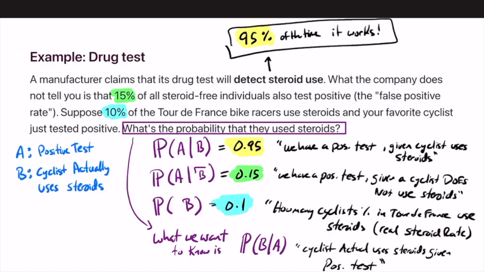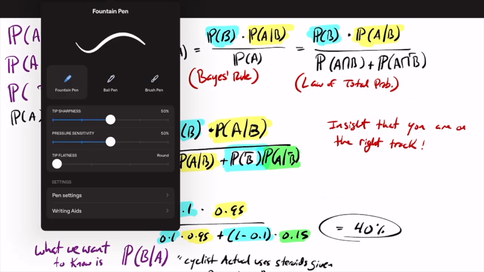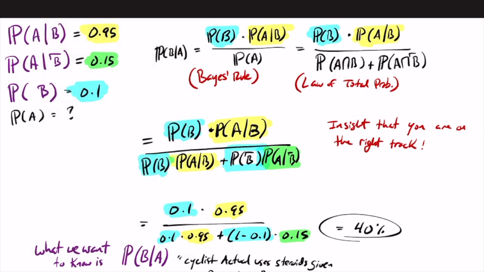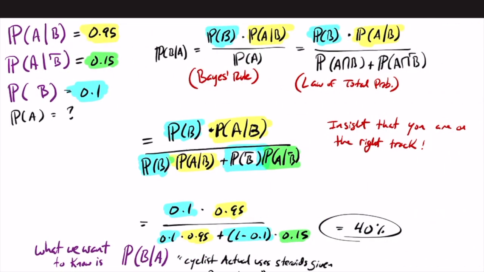So what's the probability that they use steroids? So that's what we're trying to find. So what we can say here is that if you test positive, there is about 40% chance you actually use.